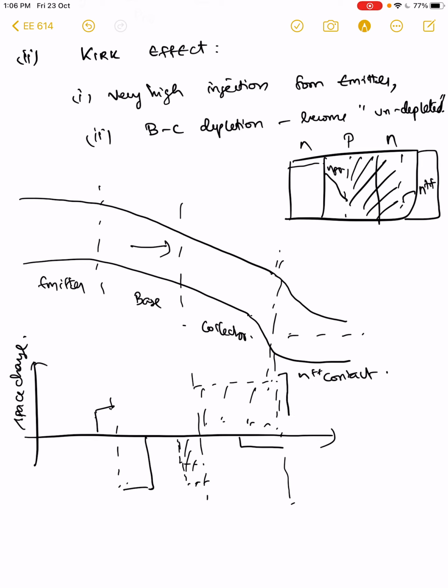Because n plus plus is a super heavily doped collector contact, you have a very high charge density here, and the mildly doped n collector acts almost like a p-type junction in front of the n plus plus collector contact, and then you have a very small depletion width in the n side region, which will have this kind of a thing, right?